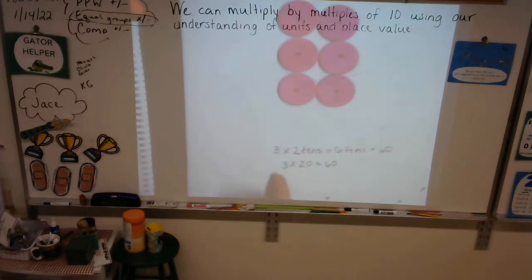But we don't really want to write our math in unit form, do we? Wouldn't we rather write 3 times 20 equals 60? So that is what you're doing when you multiply by 10.